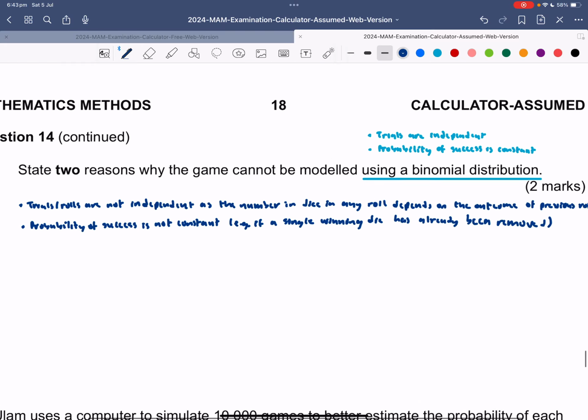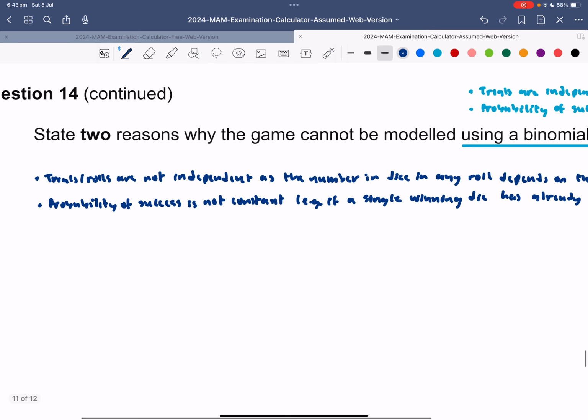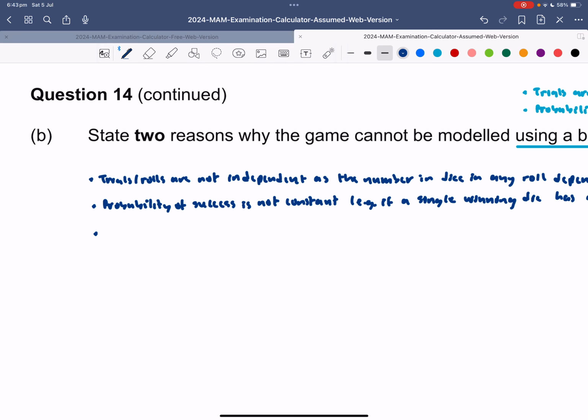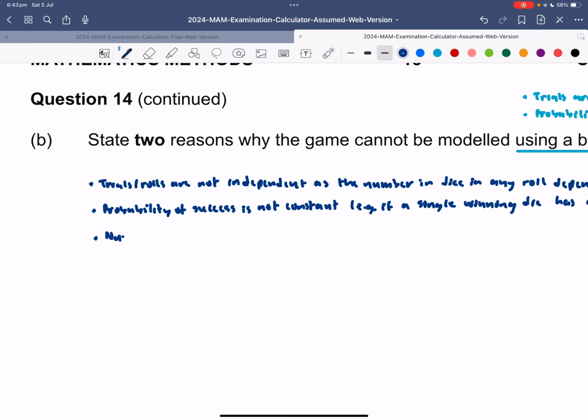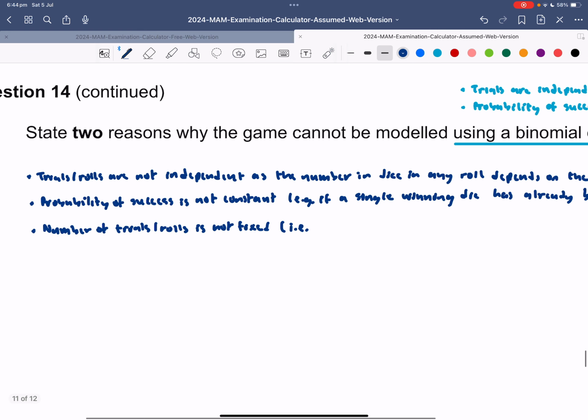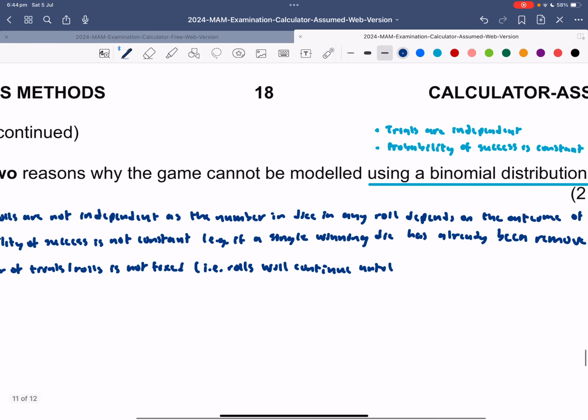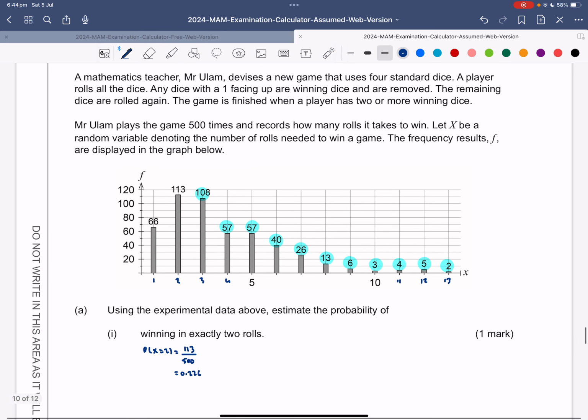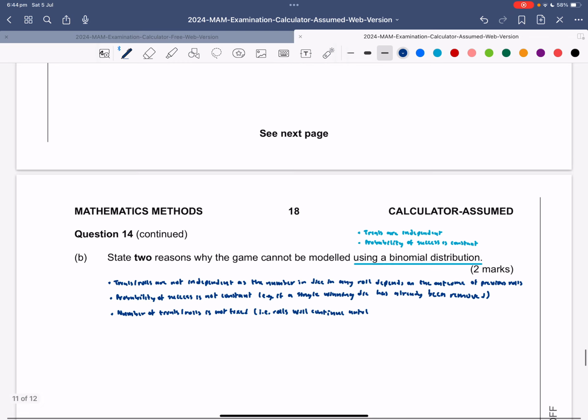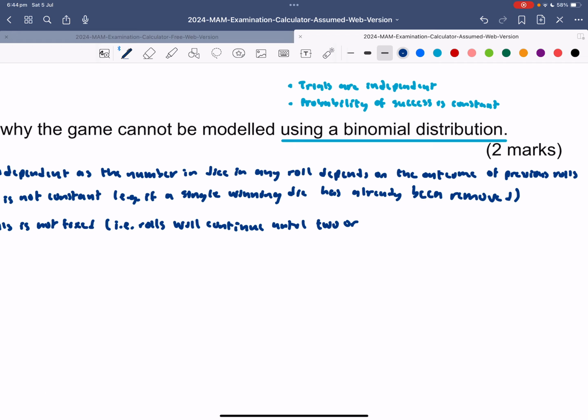And then another one, guys, is that the number of rolls is not fixed. That's what I was trying to tell you before, that we could keep going for infinity rolls if you're having an unlucky day. So the number of trials or rolls is not fixed, i.e., we can explain that rolls will continue until 2 or more winning dice are removed.